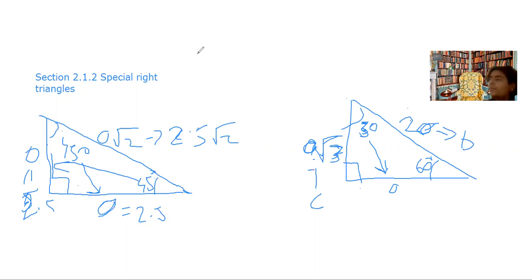So that's it. If in a problem like this you're asked to solve for the value of C, imagine the value of A is 16. The value of C is going to be 16 multiplied by the square root of 3. Not the decimal value.